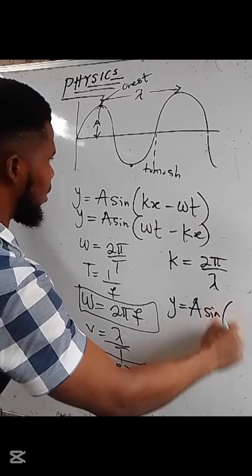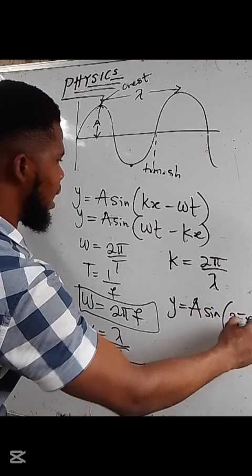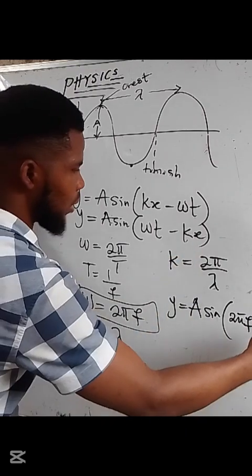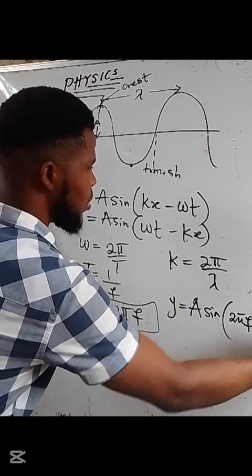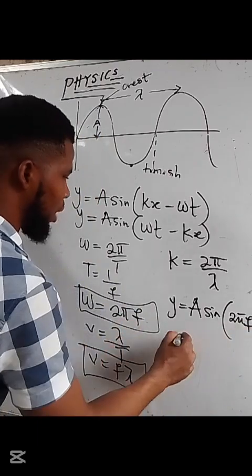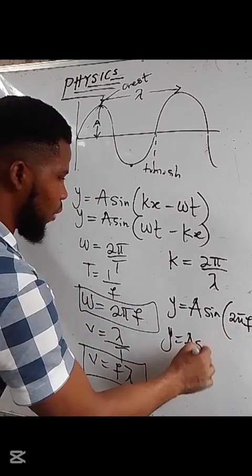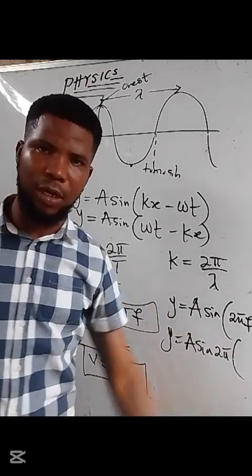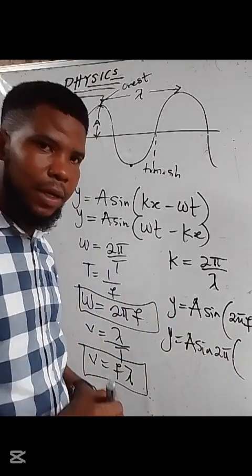Outside, 2 pi f, ft minus what? When you put this through, that's 2 pi, you have your lambda here, and your x. You can factorize your lambda, so your equation could be in this form, 2 pi, then every other thing goes this side. You understand what I'm saying? Every other thing goes this side.